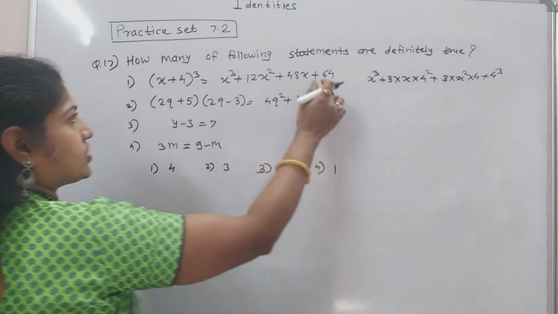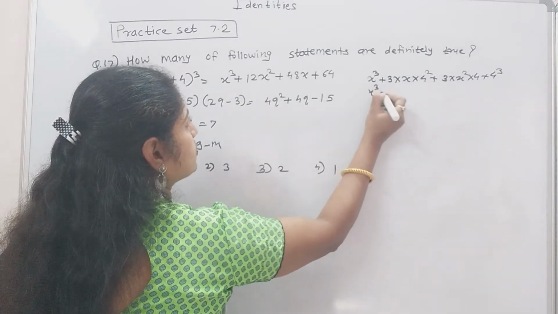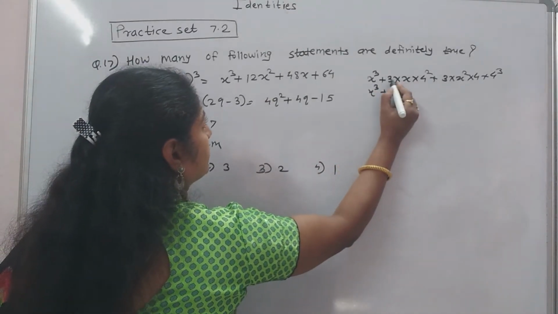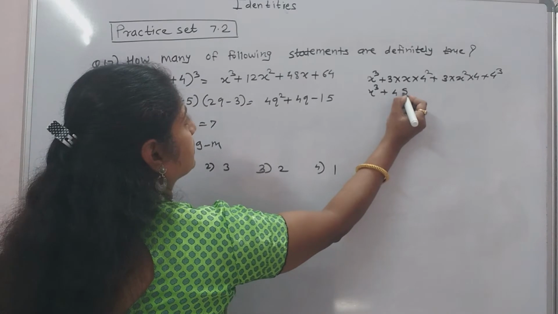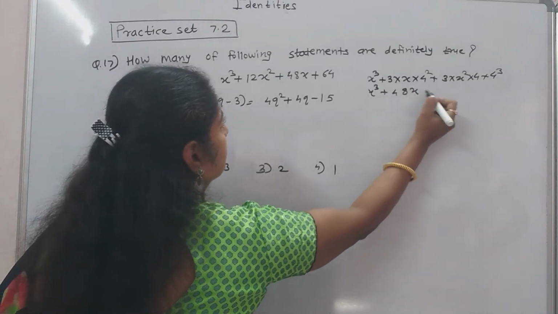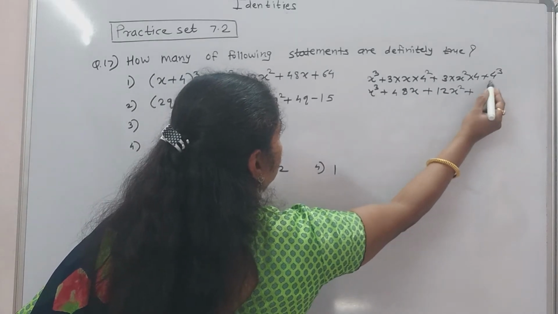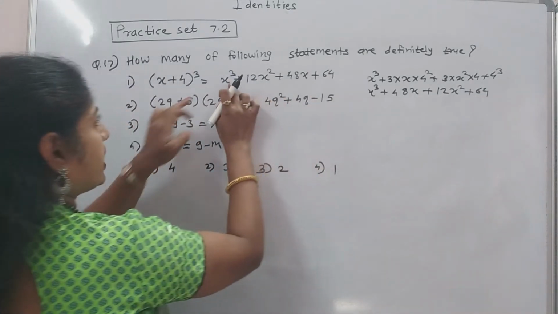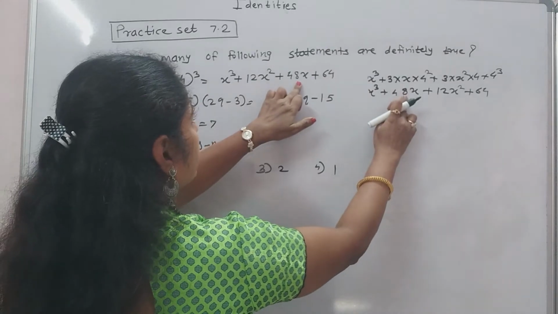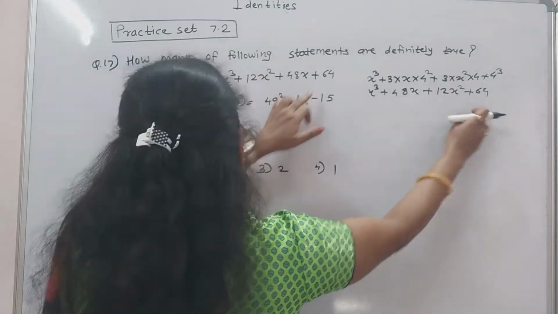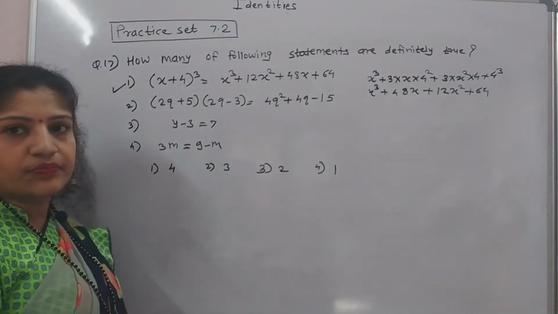This is the expansion, and our answer is x cube plus 12x square plus 48x plus 64. This is the correct one.